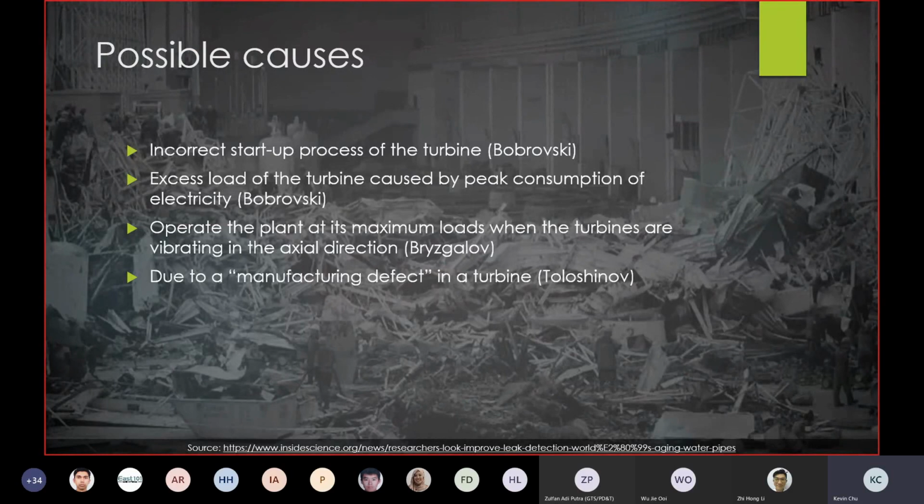Or maybe it can be due to a combination of these causes. So it's just speculation. These are the possible causes which ultimately resulted in the sudden stoppage of water, which then led to the water hammer or liquid pressure surge in the system. This shows how disastrous a liquid pressure surge can be, especially if the initial velocity of the fluid is very high and it is not handled properly.